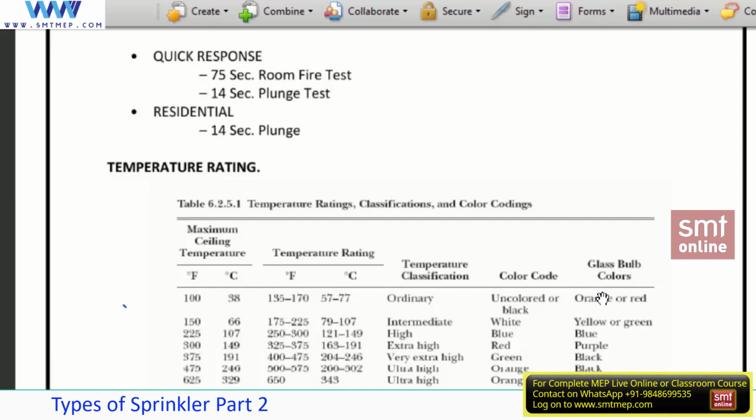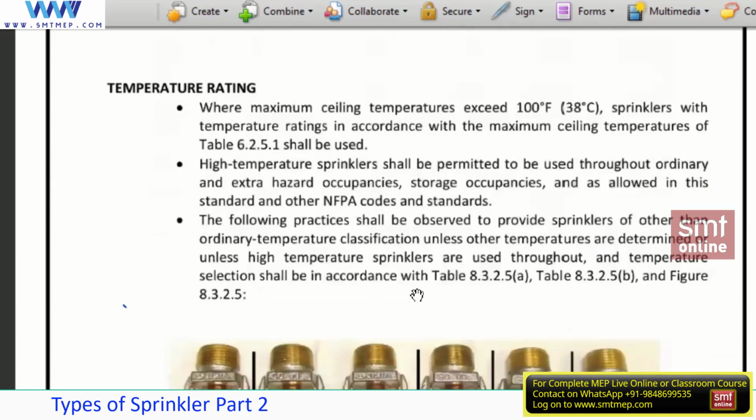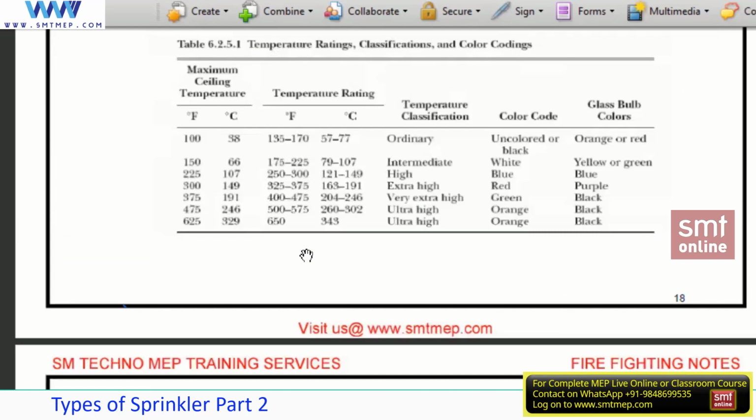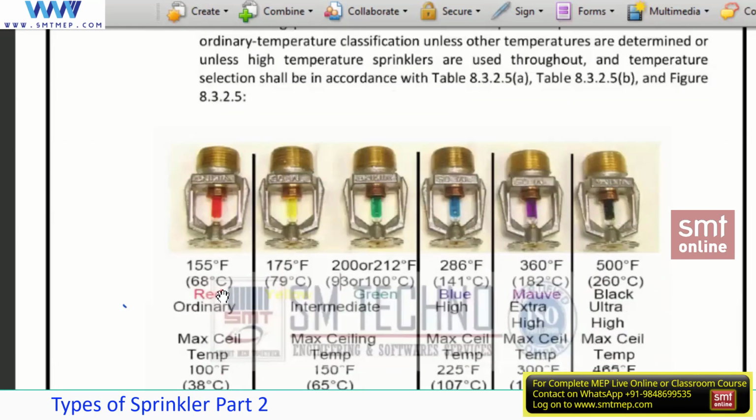For building services, you'll find red color, except in kitchens or other high temperature areas. In kitchens you'll generally find yellow. Here you see red color, 68 degrees centigrade. This is from NFPA. In general, up to 68 is red, and above 68 up to 79 is the next.